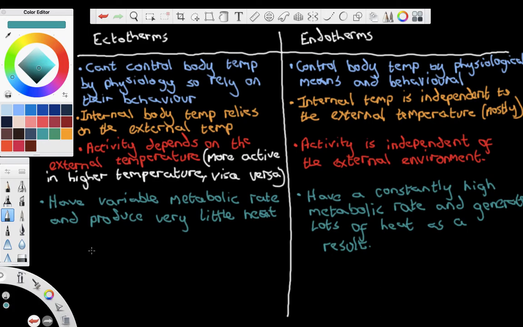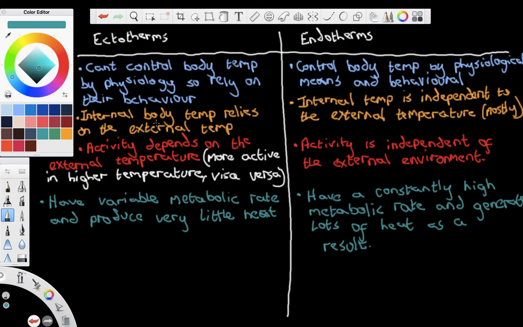This is obviously an analogy. The organisms don't actually have a fire inside of them, but it's a good way to think of it. Ectotherms don't have this fire inside of them, and therefore they don't need to provide it with fuel. Therefore, they can eat less food over longer periods, whereas we need to keep eating. So comparing ectotherms and endotherms, ectotherms can't control their body temperature via physiological means, whereas endotherms can.